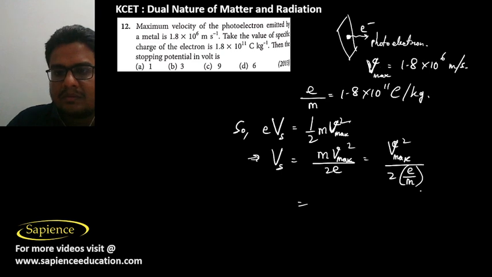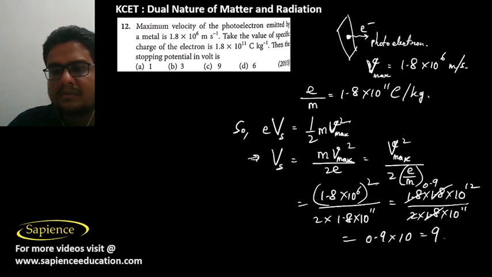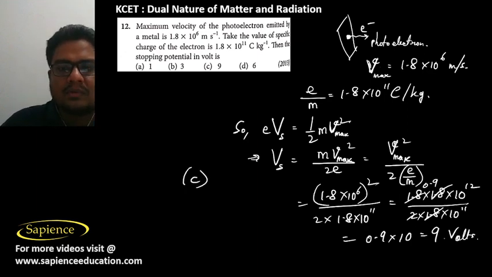So this will be equal to 1.8 into 10 power 6 whole square divided by 2 into 1.8 into 10 power 11. That is 1.8 into 1.8 into 10 power 12 divided by 2 into 1.8 into 10 power 11. So 1.8 will cancel, 0.9 into 10, that is 9. So the stopping potential is 9 volts. Option C is the correct answer.